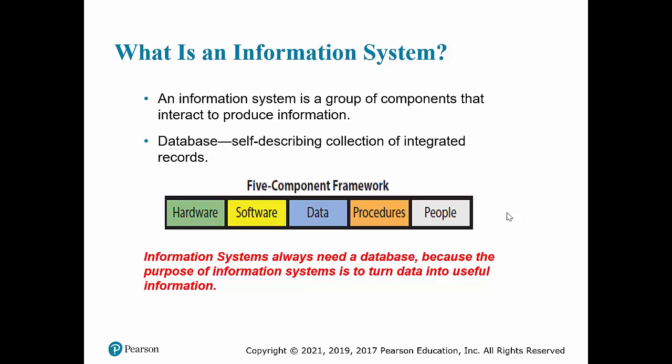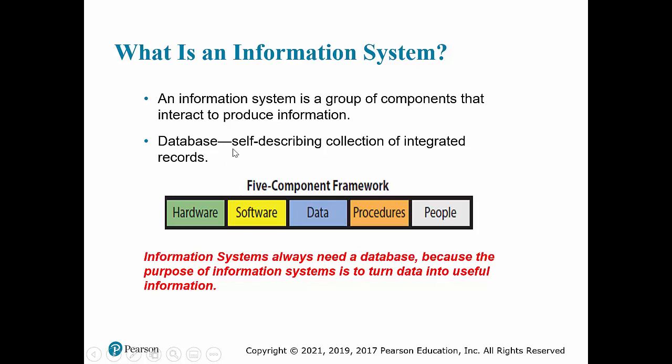As I said, the whole purpose of information systems is to turn data into useful information. So to do that, we need to at least have raw data first. And basically, database refers to the data that is processed by information systems.